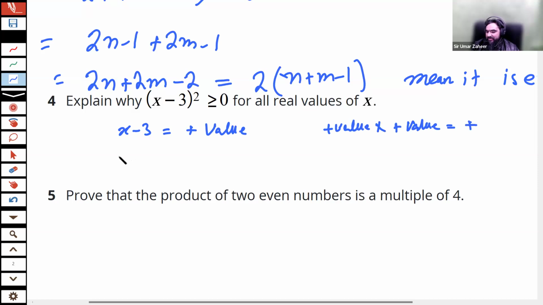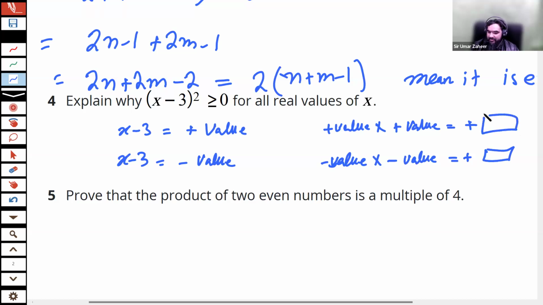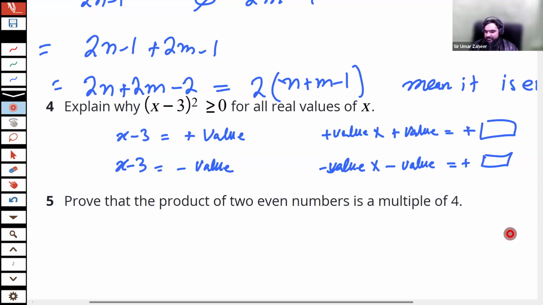In the same way, if x minus 3 is a negative value, because we are taking a square, a negative value multiplied by a negative value, minus times minus is plus, so the answer will be positive. So in short, if you have any number with a whole square, the answer is always non-negative.